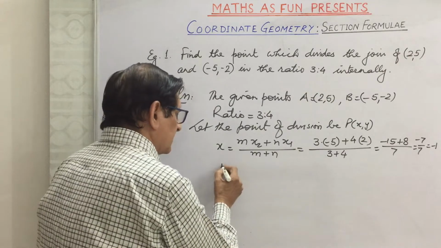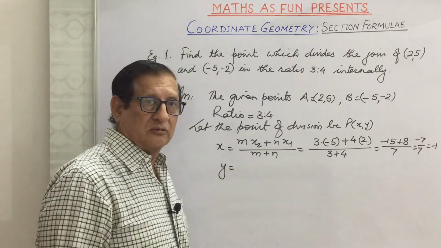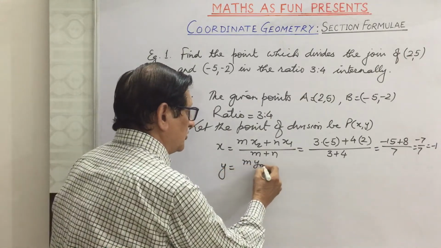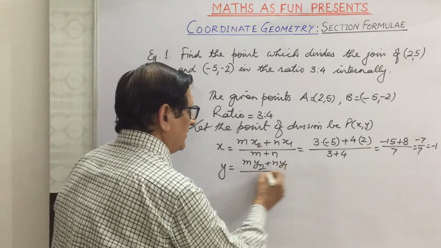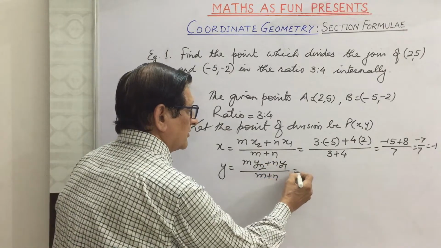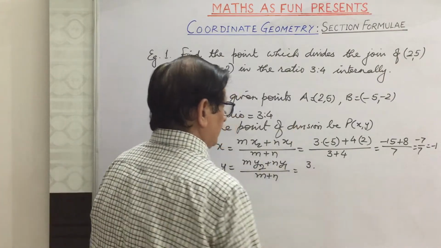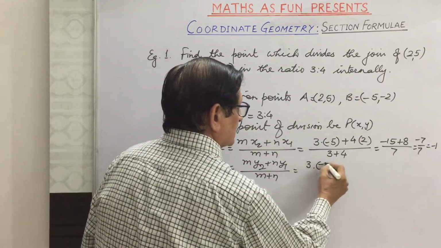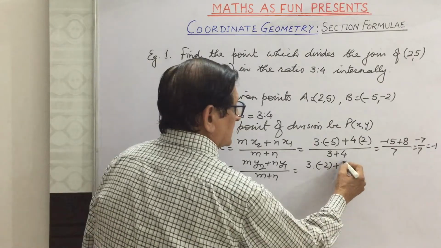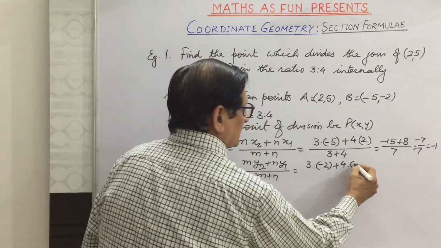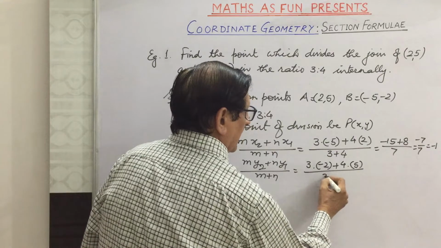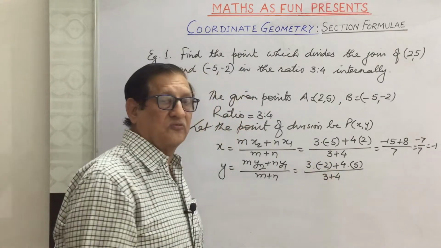Now we write the formula for y, that is my2 plus ny1 upon m plus n. Substitute the values. m is 3, y2 is -2, plus n is 4, y1 is 5, upon m plus n, that is 3 plus 4.